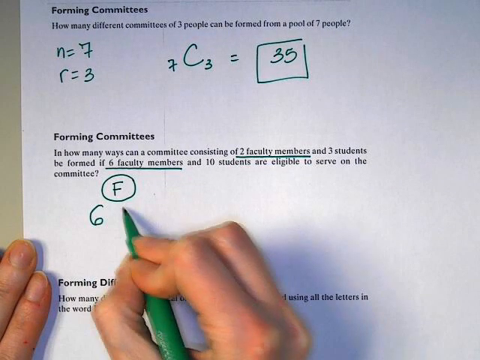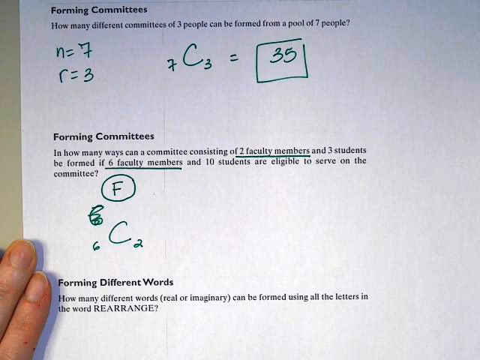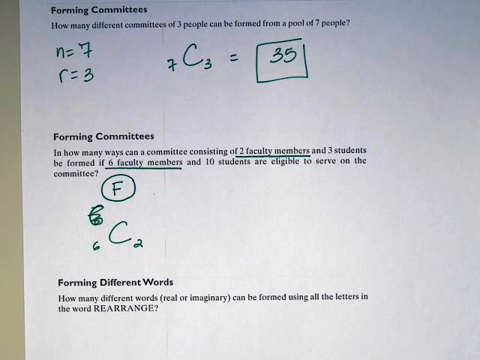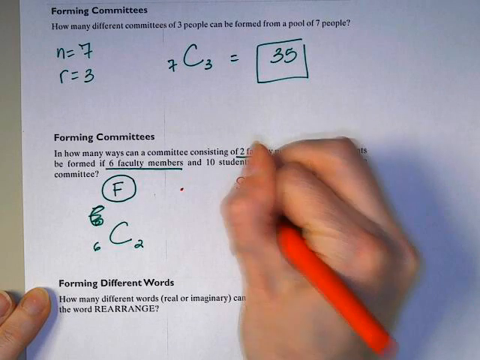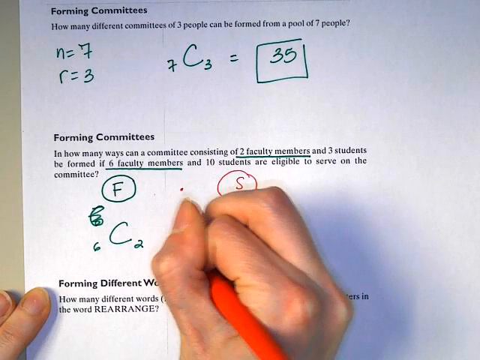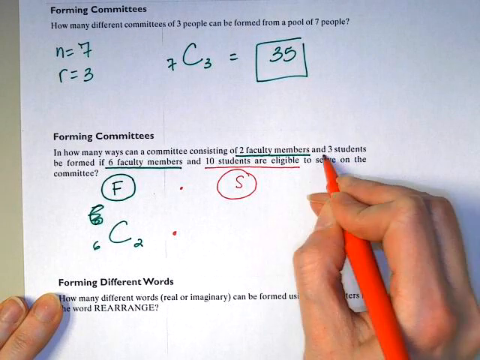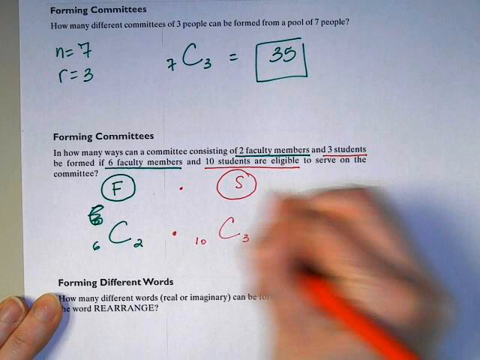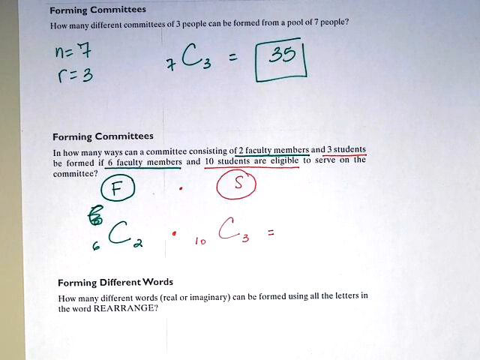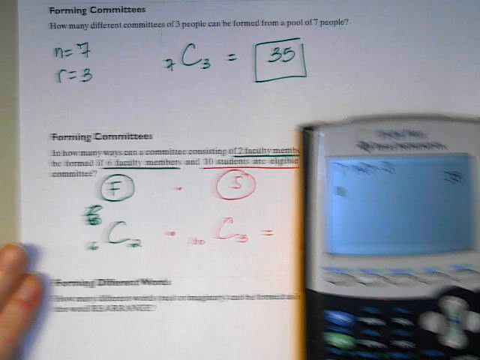So 6 choose 2. And then for the second option, we're going to multiply by the student options. So for the student options, we have 10 students. We're choosing 3. So 10 choose 3. And then you're just going to multiply those by the multiplication principle. And let's see what we get.